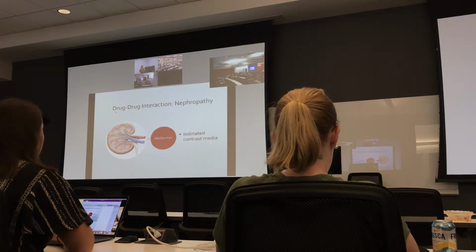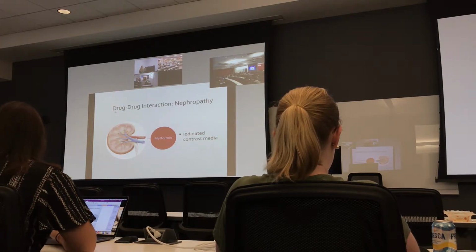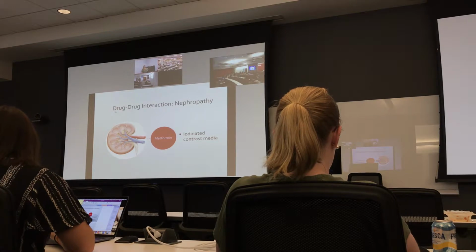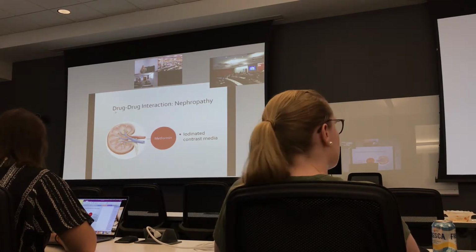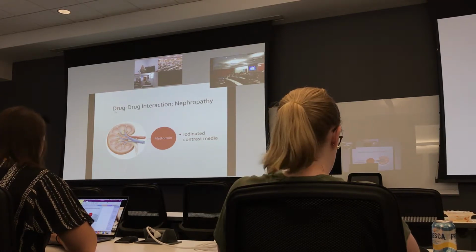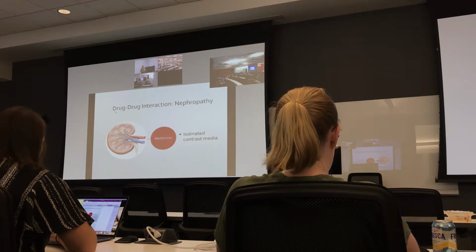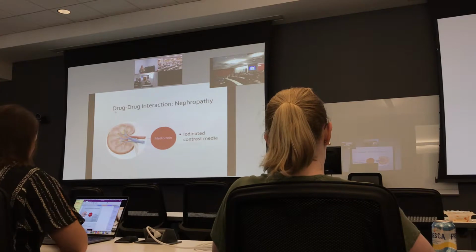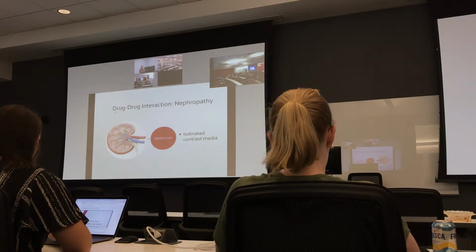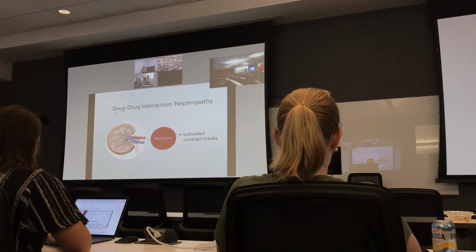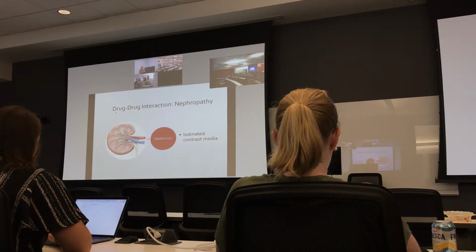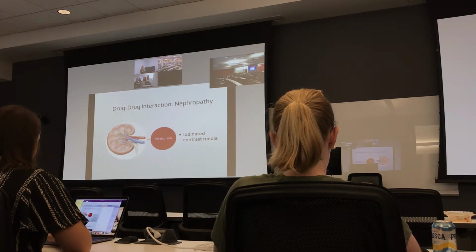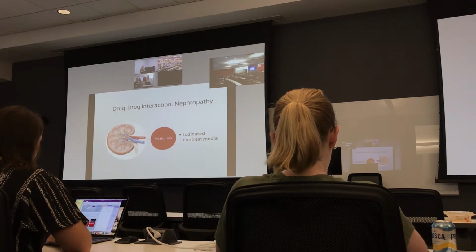But newer research, a new clinical controversy now, is to actually continue metformin in patients who have normal renal function and patients who are getting low dose contrast media. Normal renal function, low dose contrast media, and especially in patients who also have low dose metformin.